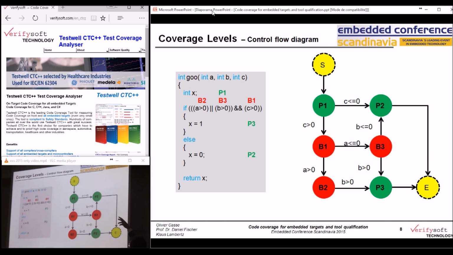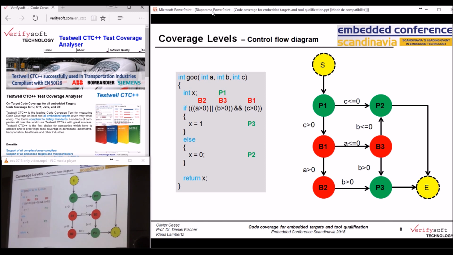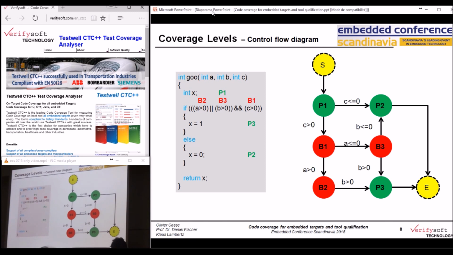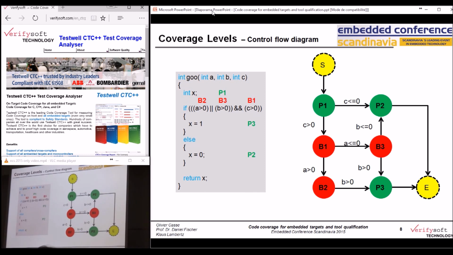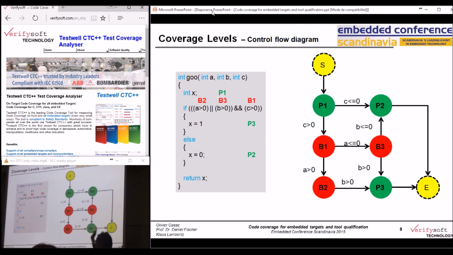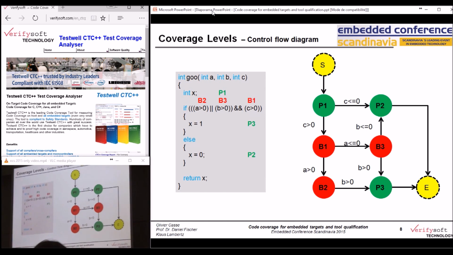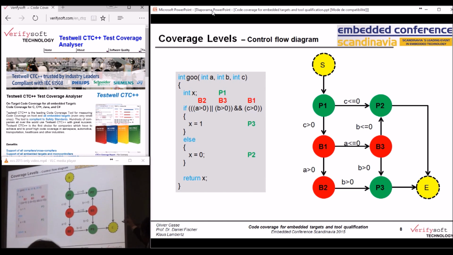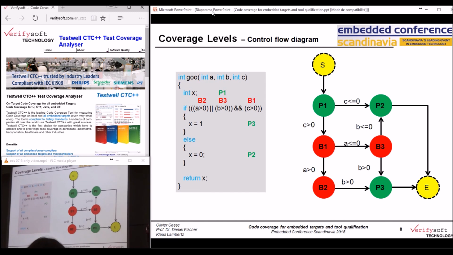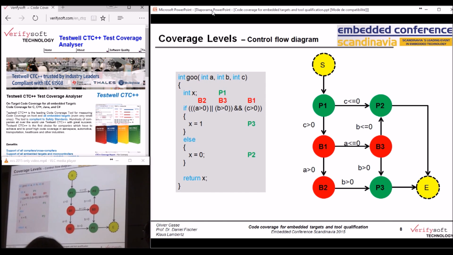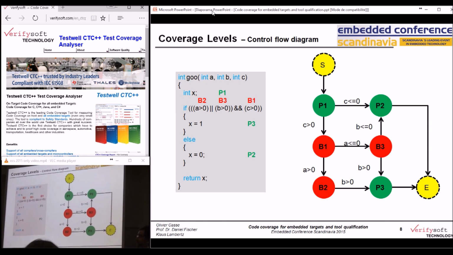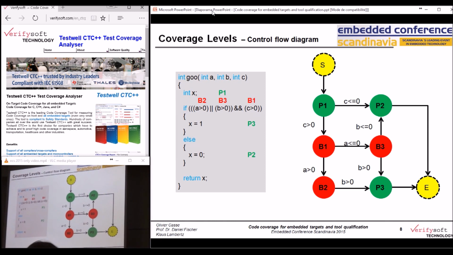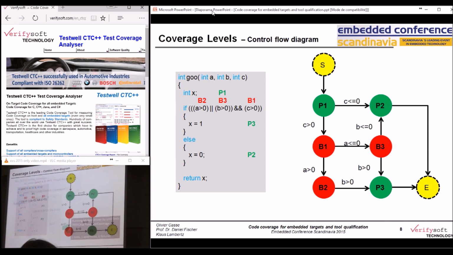For the colors, you have S in yellow for the starting point, E for the exit point, and in green you have all possible paths, so P for paths, and B for branches in red. So the role of the test engineer is to write test vectors in order to check all these paths, to prove that the software behaves correctly. This is a well-known technique in the embedded world.